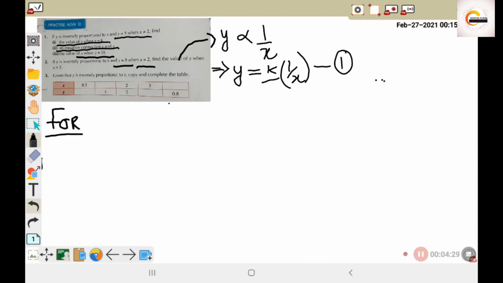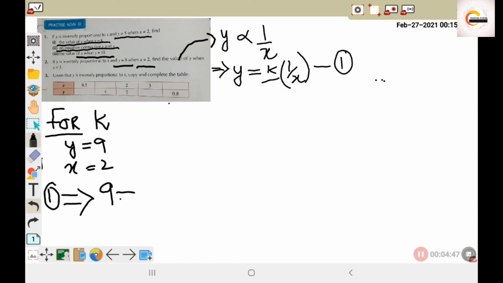Putting these values, y is equal to 9 and x is equal to 2 in formula number 1, 9 is equal to k upon 2, and k is going to be 9 multiplied by 2, 18. Now we know that the value of k in this case is 18.